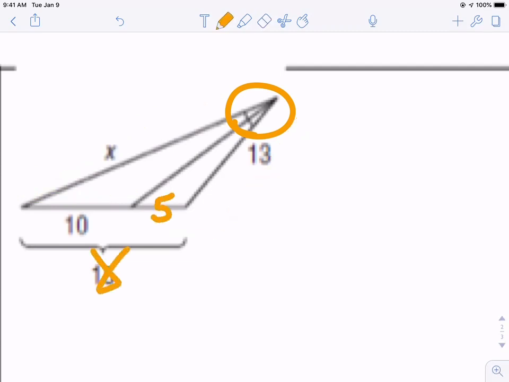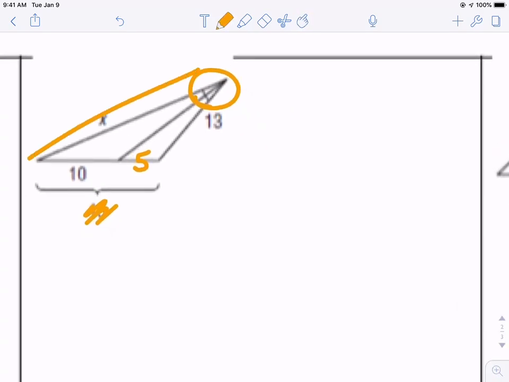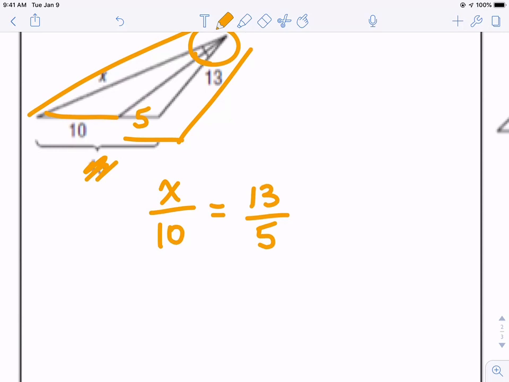We're actually not using the 15 except to get that 5 there. So you can ignore the 15 once you know it's 5. So your proportion is x is to 10 as 13 is to 5. 5x equals 130. x equals 26.